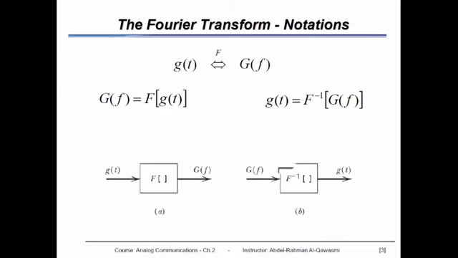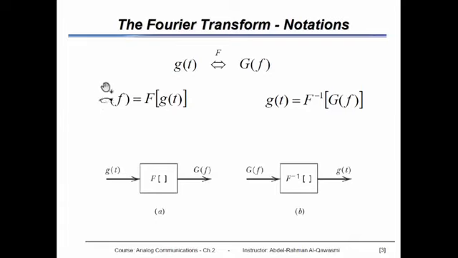The Fourier transform notations. The first one here, g of t, is in the time domain. This means Fourier transform. The Fourier transform of g of t will give us g of f, which means the frequency domain of the signal.